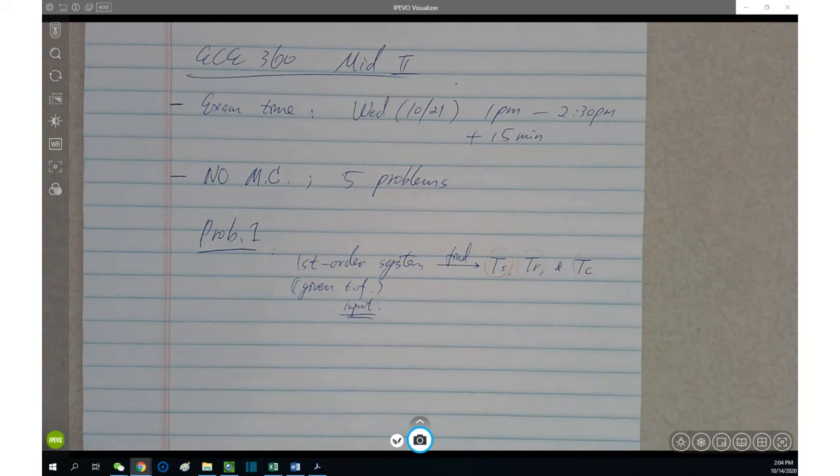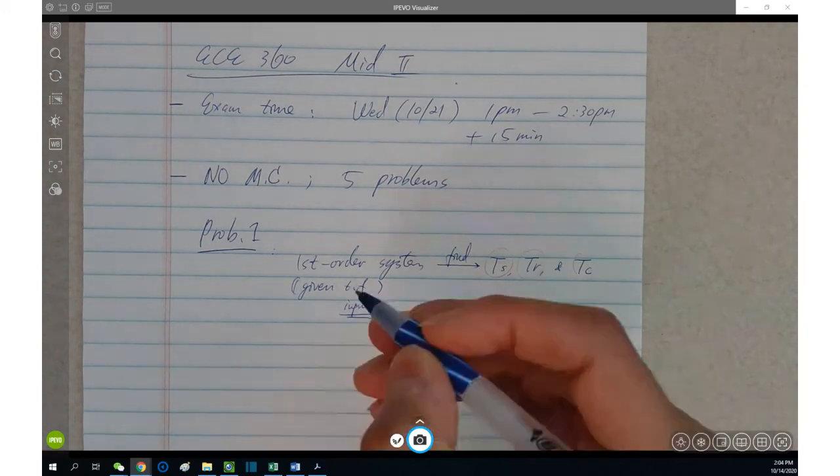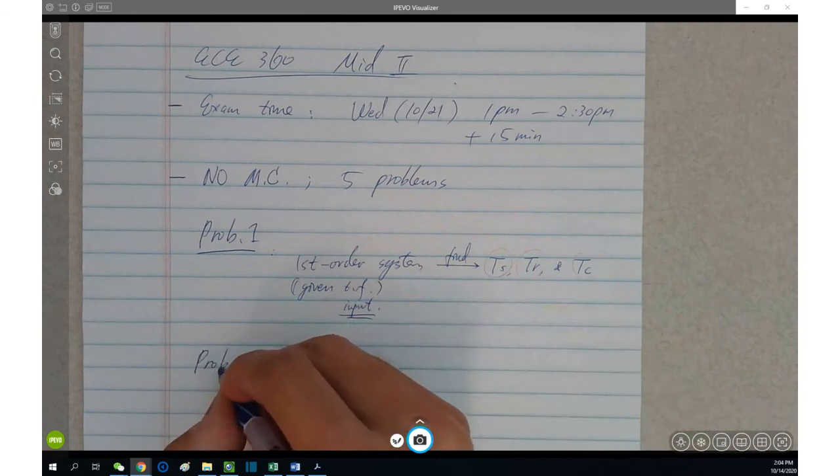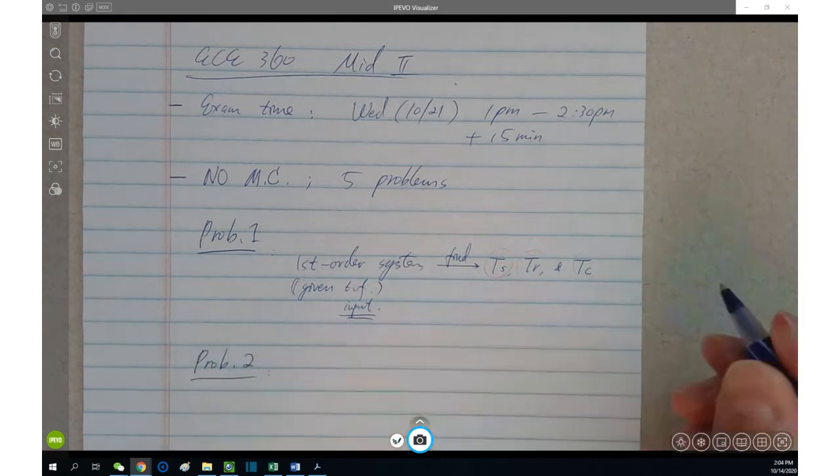We have examples. All of these problems will have corresponding examples in the lecture to review. Problem 2 is what?